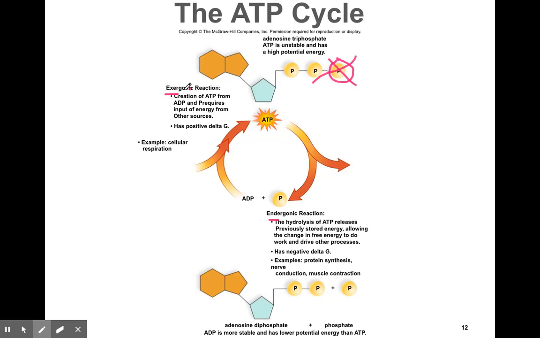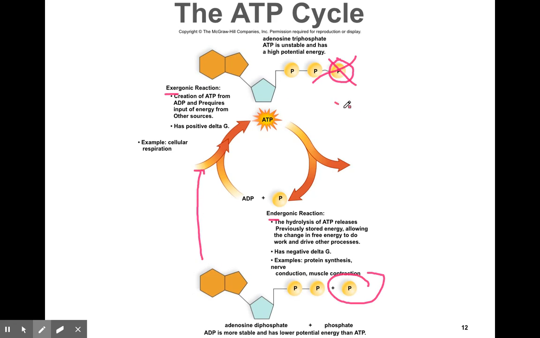Energy gets released in the form of the exergonic reaction. Now I gotta build ATP again. So the hydrolysis of ATP releases previously stored energy, which allows the change in free energy to do work, and it has a negative delta G. Now we add our phosphate group to restore the bond.